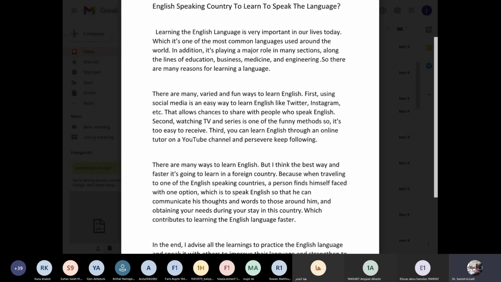She wanted to say that it's an international language, right? So this is the background that she's giving about the topic, and the topic, of course, is learning the English language. And then she ended the introduction with a thesis statement when she said there are many reasons for learning a language.